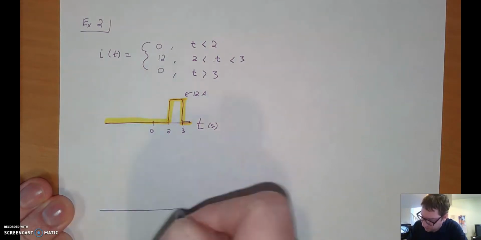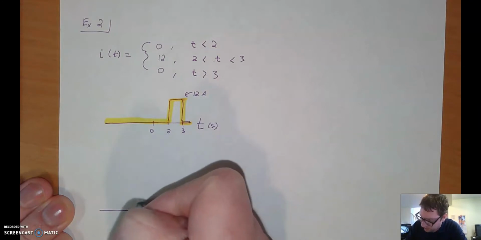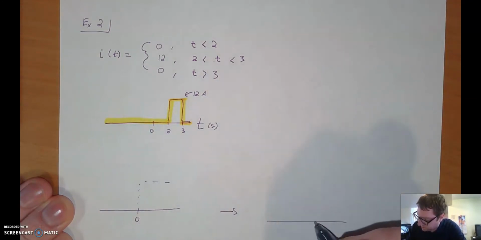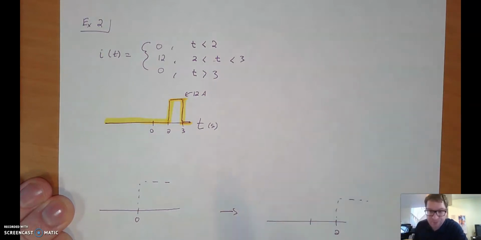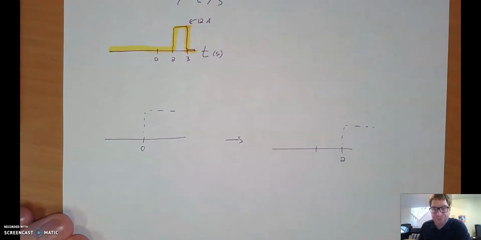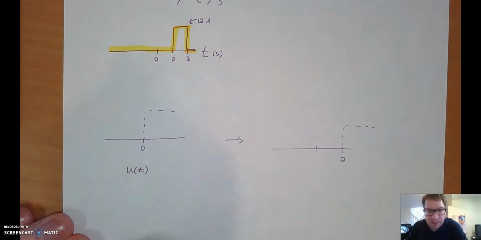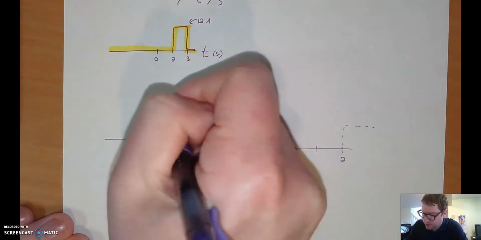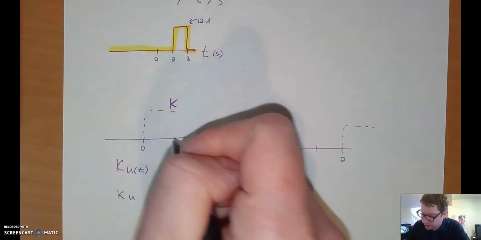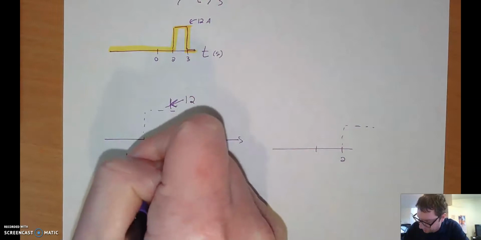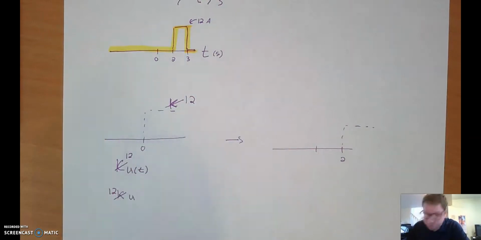So we have our step function and it turns on, but we want this now to turn on at 2. So this we write as u of t. And then we can put some constant. Actually, for simplicity, let's just make this k at 12, since that's what we're working with.